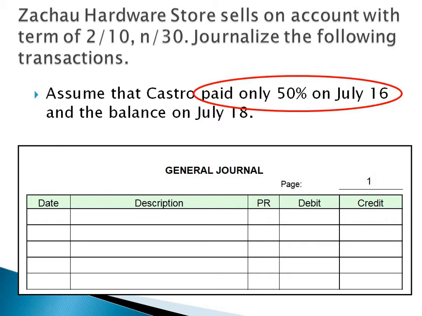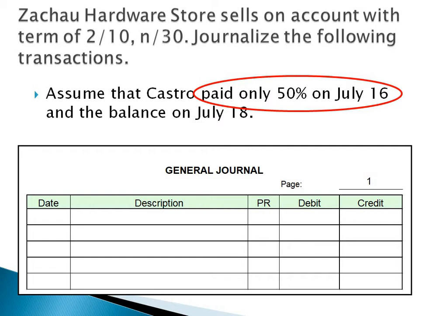How much is the 50% of 320,000? 160,000. Because 160,000 was the amount of the accounts receivable collected by Sakaw from Castro, that 160,000 must be debited or credited by Sakaw to its accounts receivable.